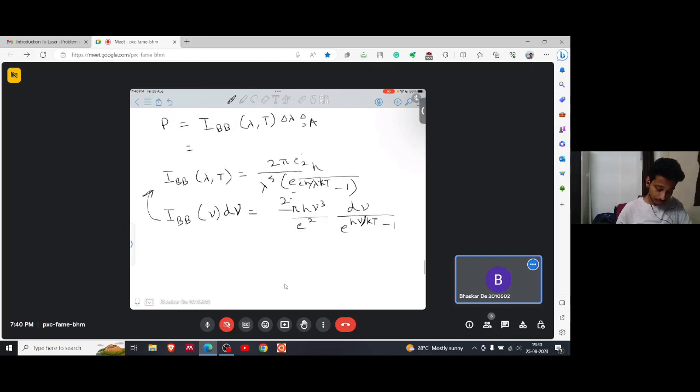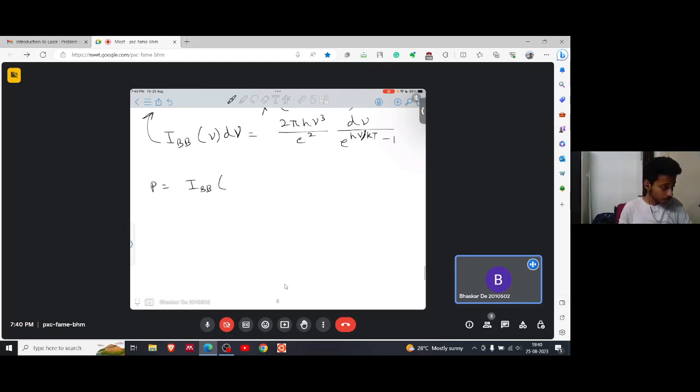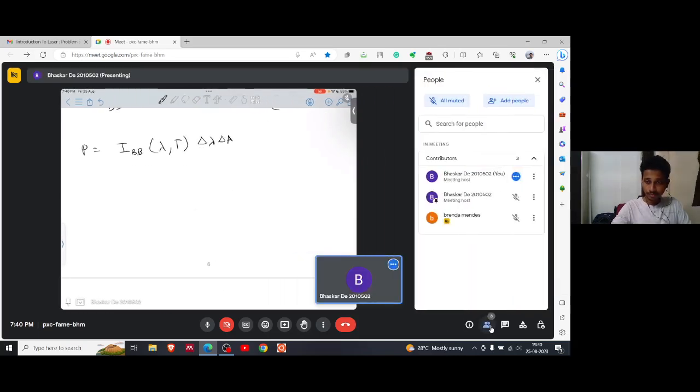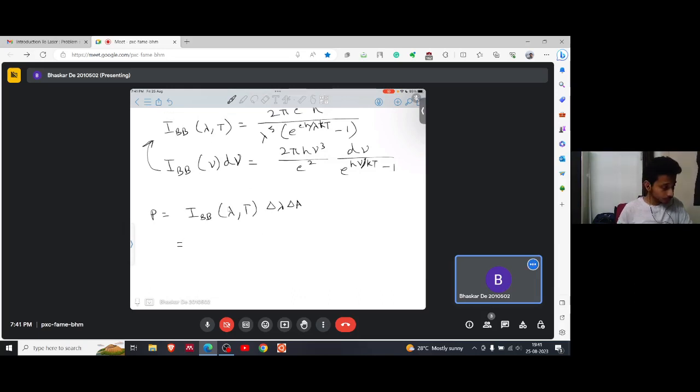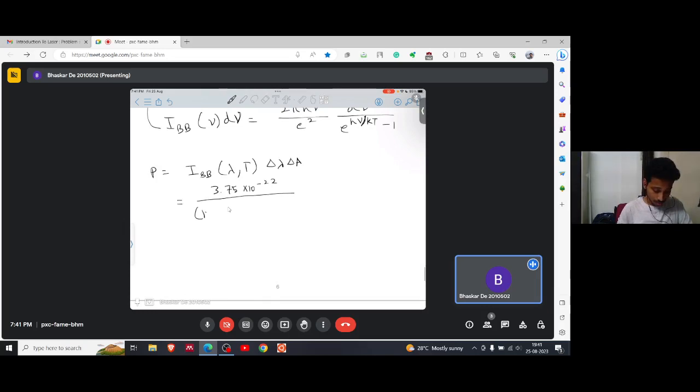Now P equal to I BB lambda T delta lambda delta A. So this will be 3.75 into 10 to the power minus 22 by (1 into 10 to the power minus 6) whole to the power 5, e to the power 0.0144 by (1 into 10 to the minus 6 into 300) minus 1, then the delta lambda is 0.1, then delta A is 0.02 meter square.